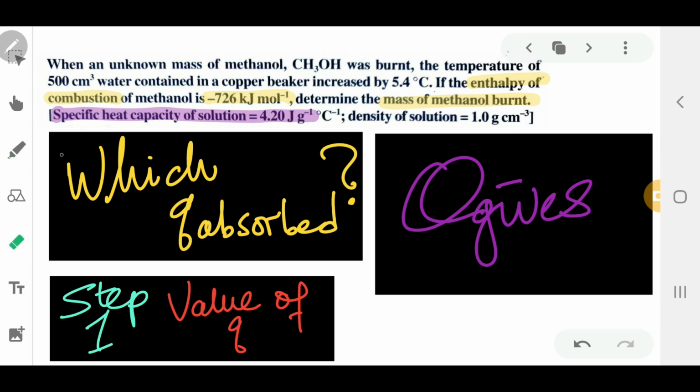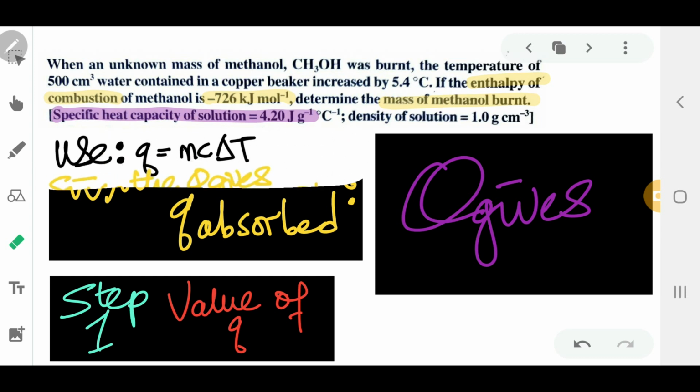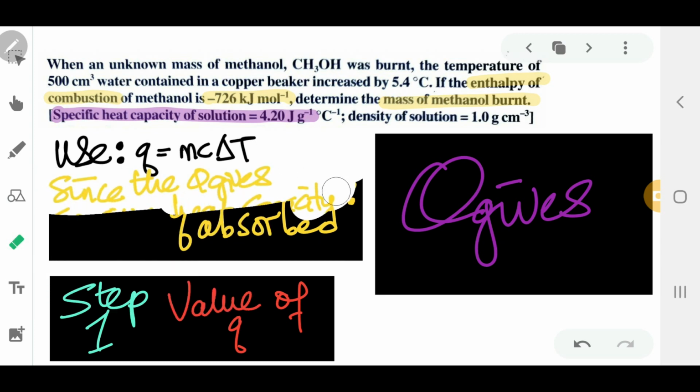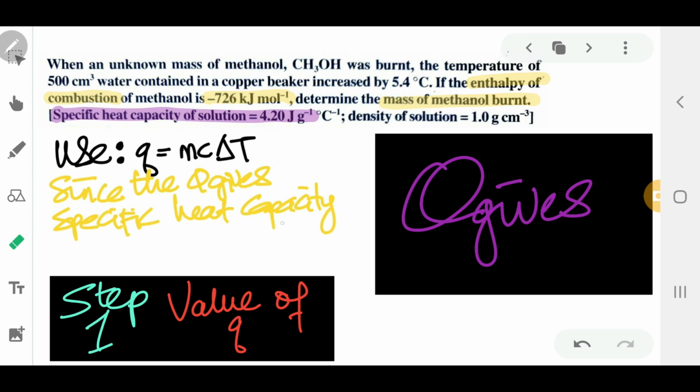Therefore, the Q equation that we need to use is Q equals mc delta T. So it's slightly different from what we had done in the first one just now, because in the first example, we have specific heat capacity given to you and also the heat capacity given to you in the question. So that's the reason why we're going to use a slightly different Q absorb equation. Since the question gives specific heat capacity only, you don't have heat capacity given to you, we're going to use this Q absorb formula.